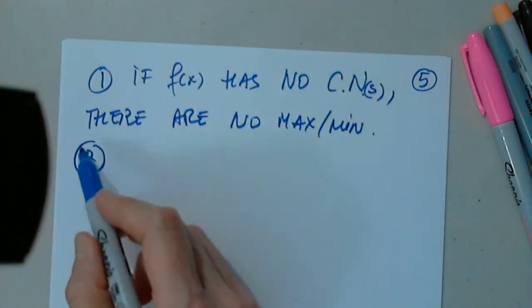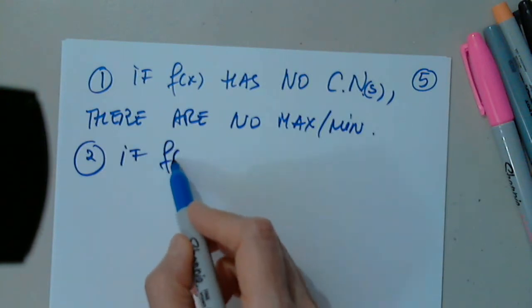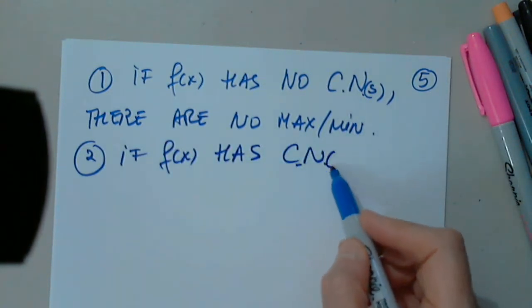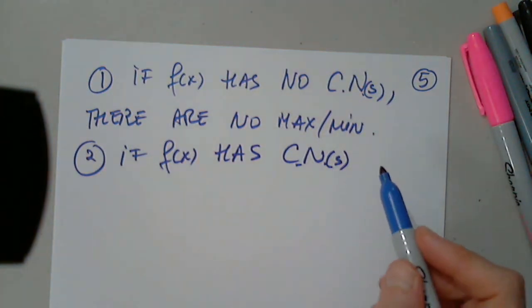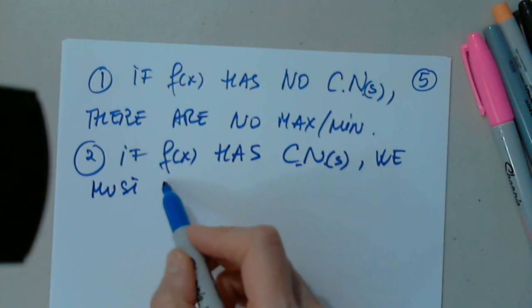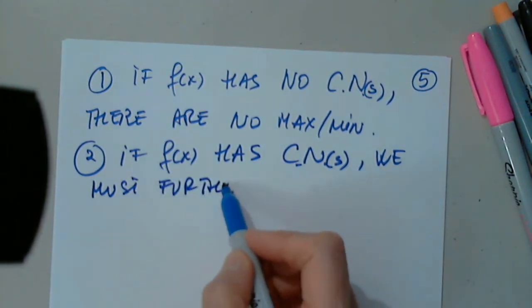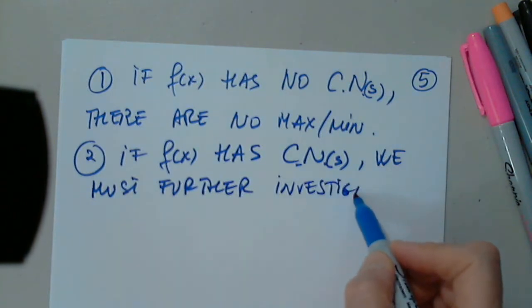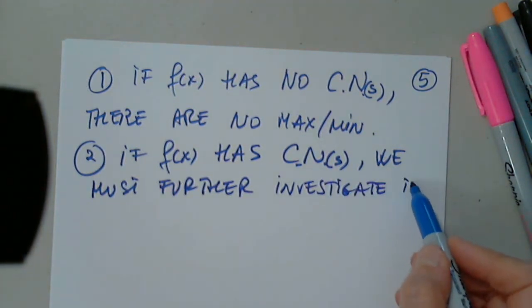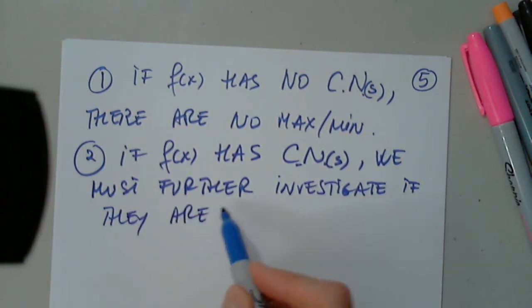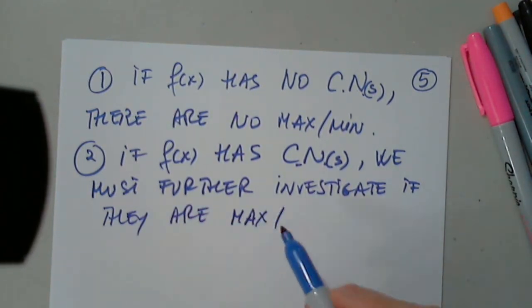Number two, if f of x has critical number or numbers, we must further investigate if they are max min, the critical numbers.